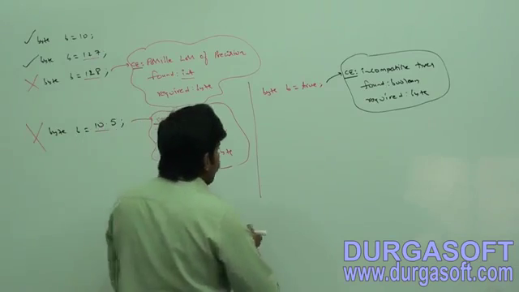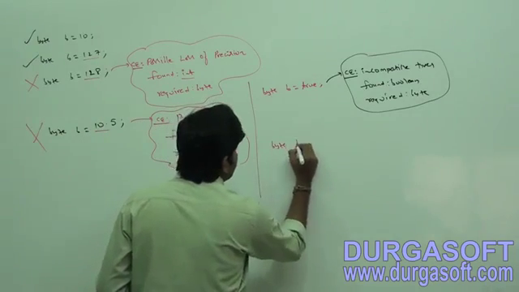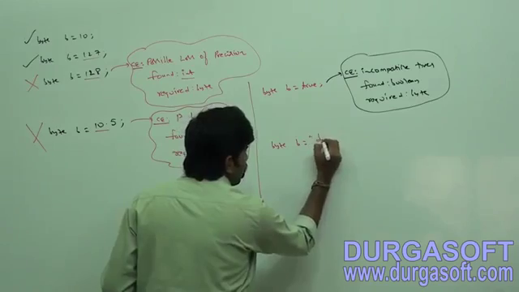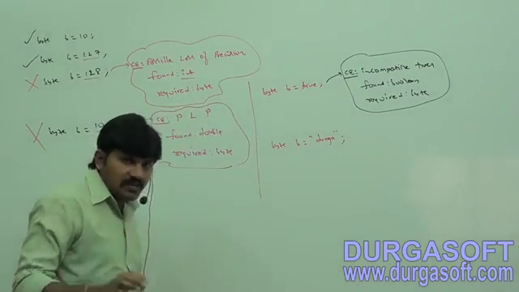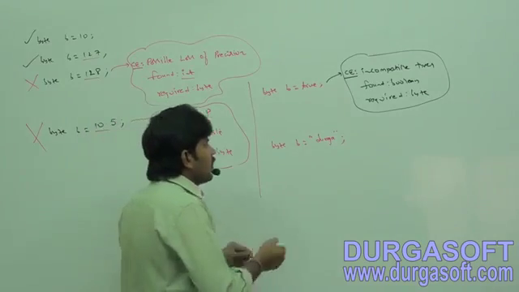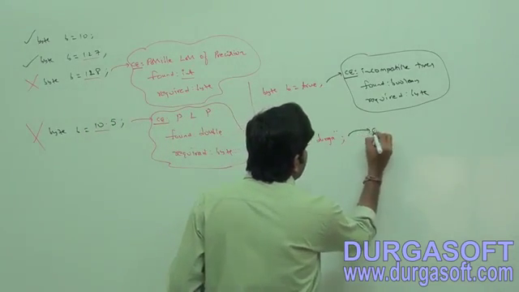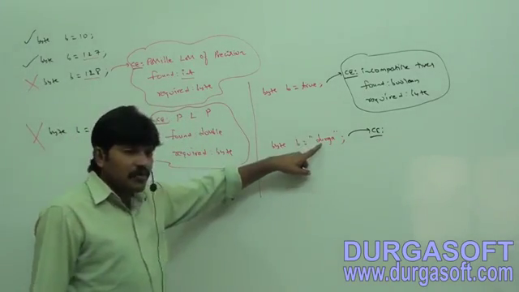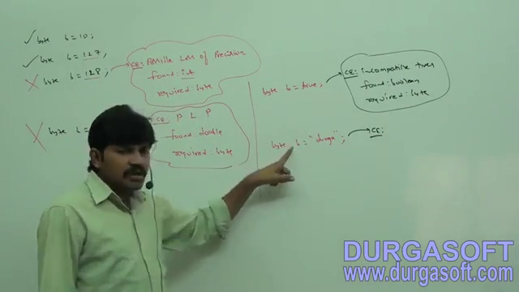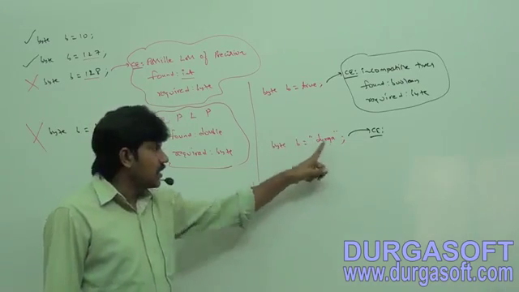Same, byte b is equal to Durga. Sir, is it valid or invalid? This one is invalid. Immediately we are going to get a compile time error. Durga is String type, but this one is byte.